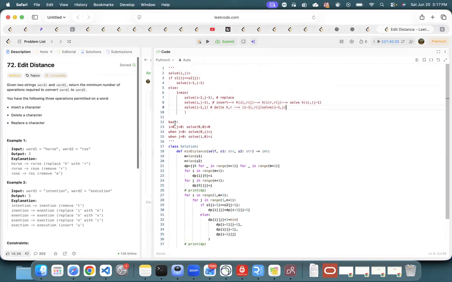In the base cases, when I have nothing and I have to make it ROS, I can have 3. Basically, how many do I have? Our minimum is all inserts.